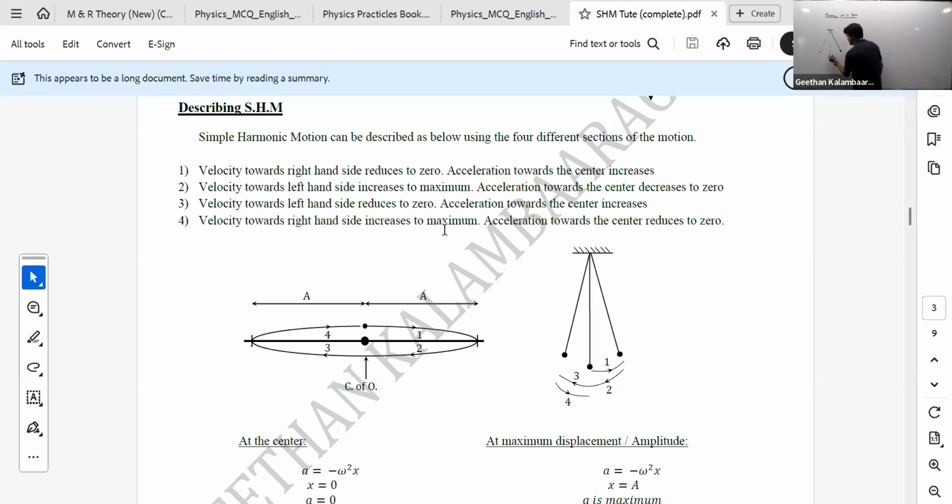Step 1, when it moves from the center of oscillation to the right hand side. Step 2, it comes back to the center of oscillation. Step 3, going to the next side. Step 4, coming back to the center of oscillation. So in step 1, what happens?